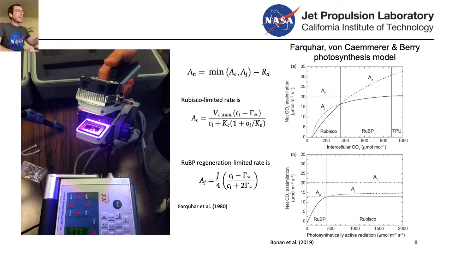And in the same way, if we vary light, we can also have a response. So basically the Farquhar model works as the co-limiting regime from two limitations. Photosynthesis can be carbon limited or it can be light limited. And these models work super well for leaf photosynthesis, again.